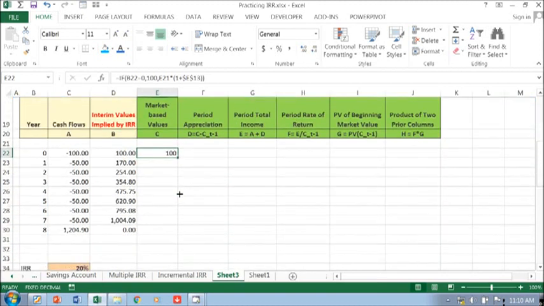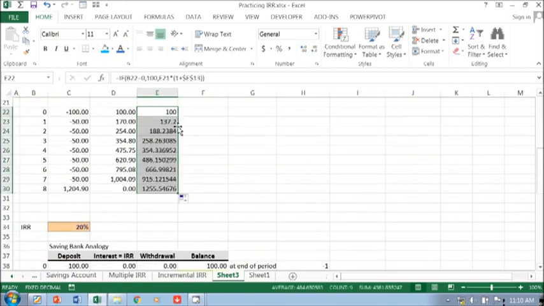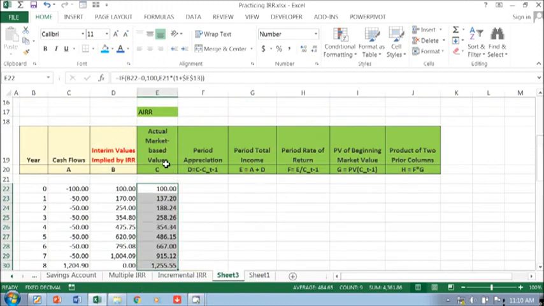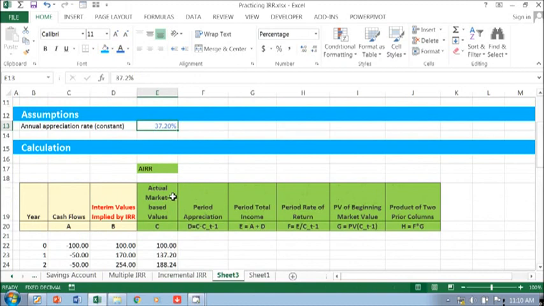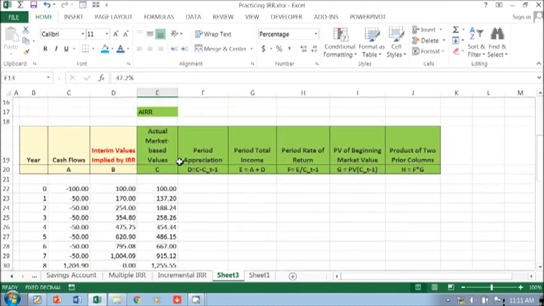Then you copy it down. Hopefully it's working. So this is the actual market basis, assuming the annual appreciation rate.